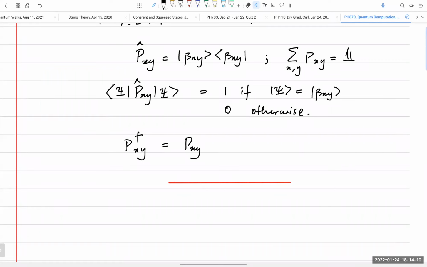Sir, for transmission, is an EPR state always required? Sorry, what? To transmit some data from Alice to Bob, is an EPR state, an entangled state, always required? Well, yeah, that's the whole point, right?